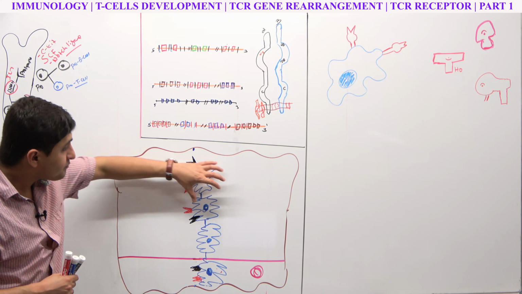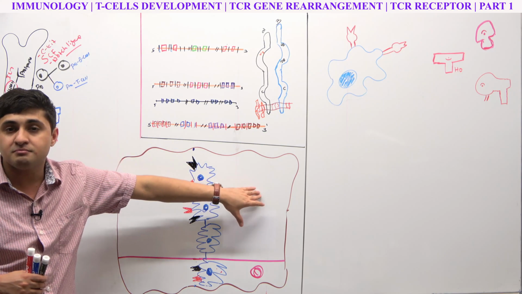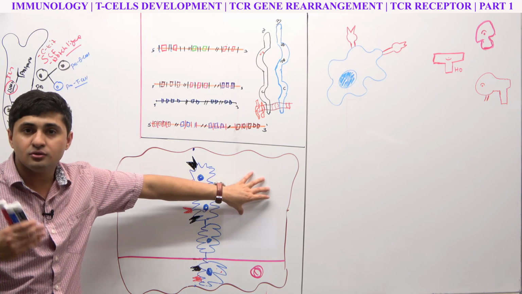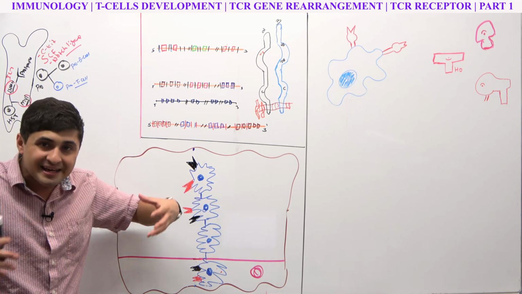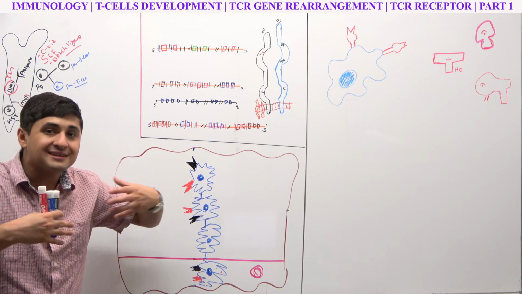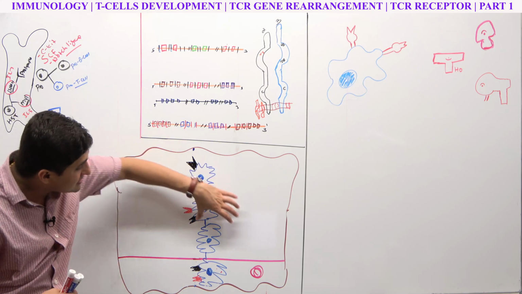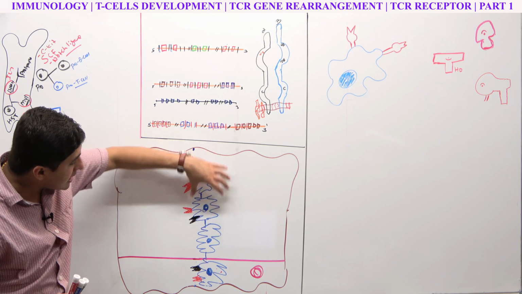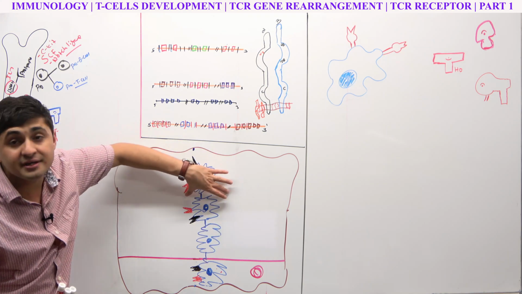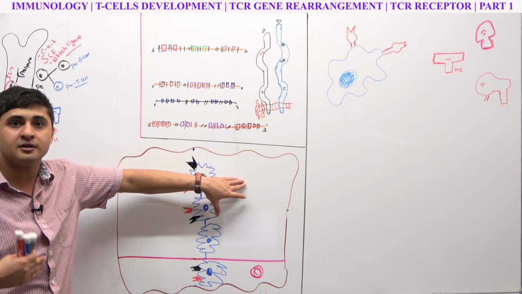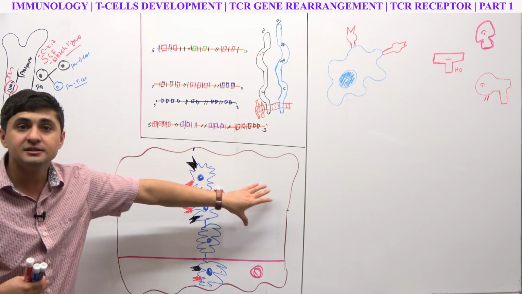So the bone marrow also provides the microenvironment for the T cells, with stromal cells that provide growth factors. And we call this the thymic epithelium.